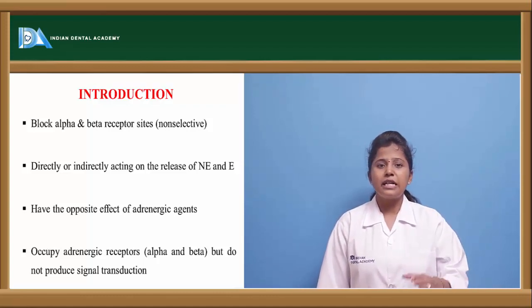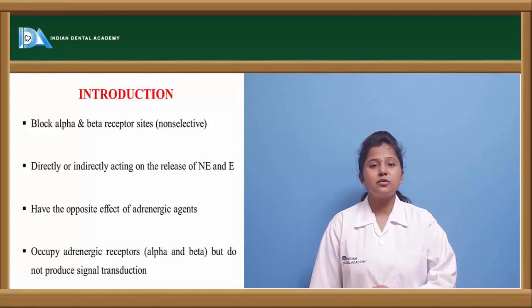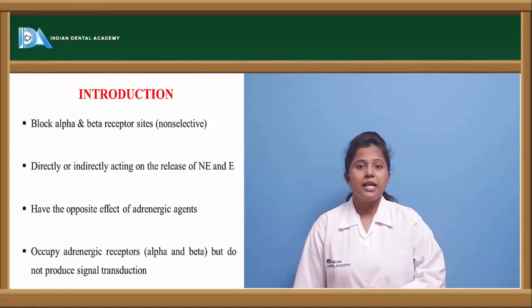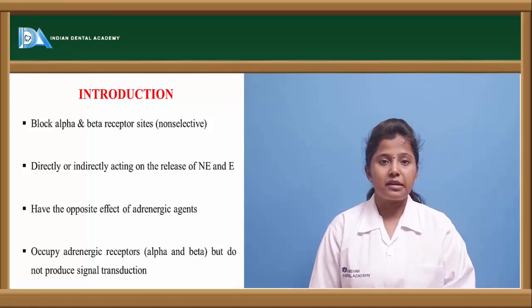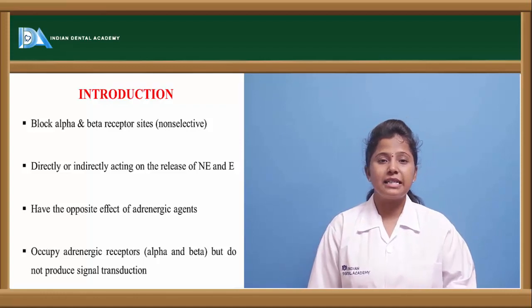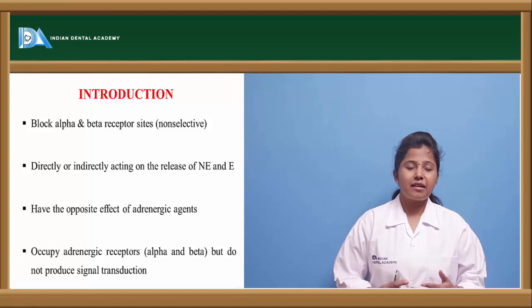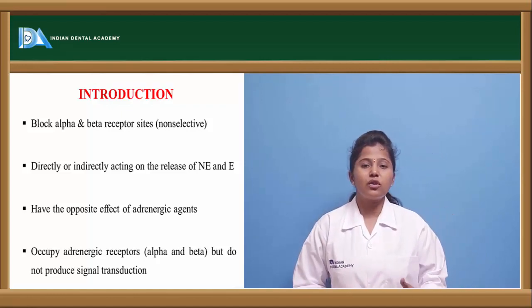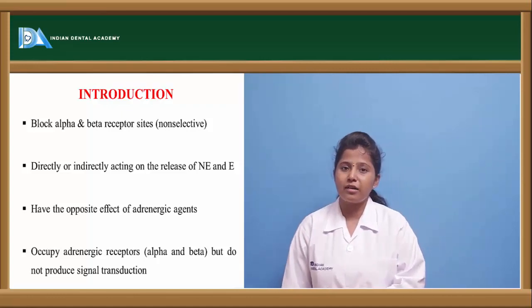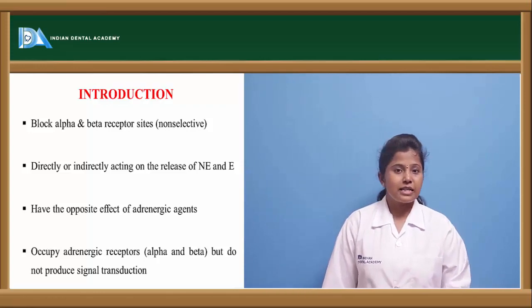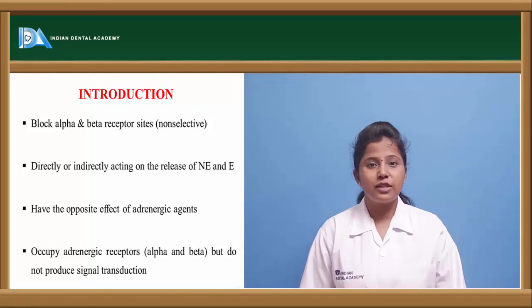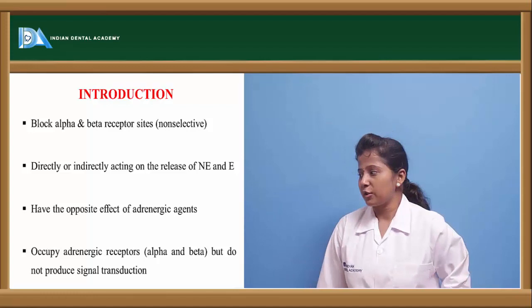If the release or action of these neurotransmitters is inhibited, directly or indirectly, then blockade of the sympathetic nervous system takes place, which is the ultimate motto of these drugs. These drugs antagonize, or show the opposite action of, adrenergic agonists. As these are sympatholytics, they obviously show the opposite action of sympathomimetics.